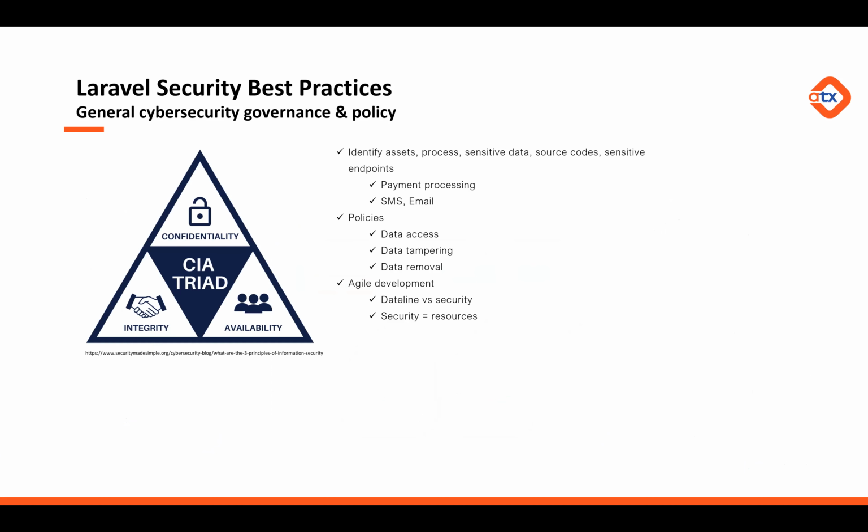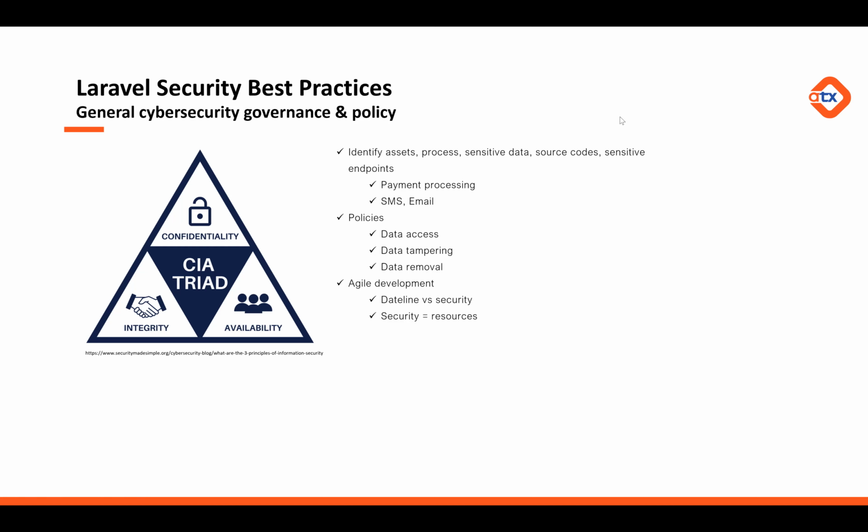Cybersecurity 101, we go through the boring stuff first. We have 3 basic principles: confidentiality, integrity, and availability, for the data and services that we are providing. For management and policymakers in a company, first we have to create a policy.